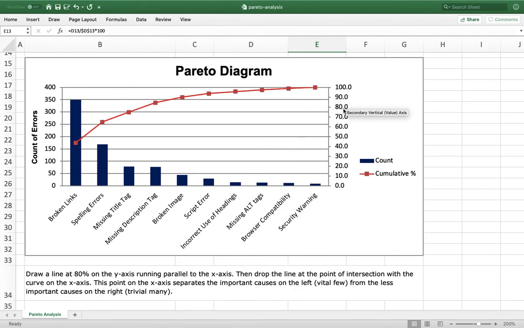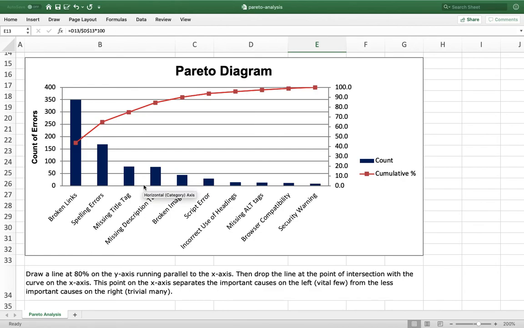Now, what does that mean? Well, we look here. We find 80%. So 80% of all the causes going across here, you probably draw a line and then go down here. And you'd see that to focus on all of these issues would be a waste of time, really.